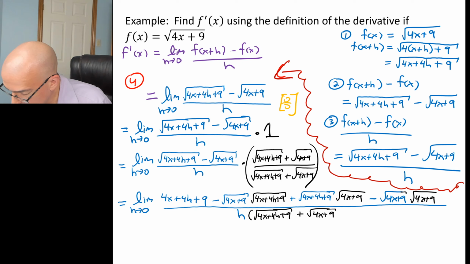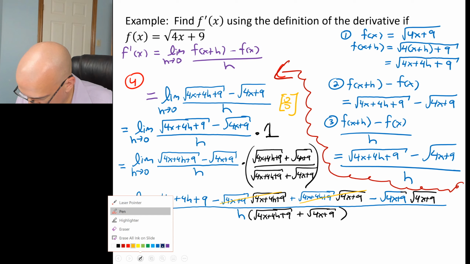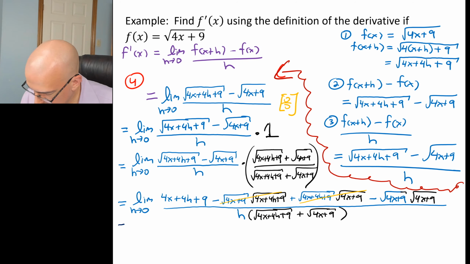Okay, now lots of stuff thankfully cancels. I can cancel this and this. Limit h approaches 0. 4x plus 4h plus 9 minus 4x plus 9, since root a times root a is just a.